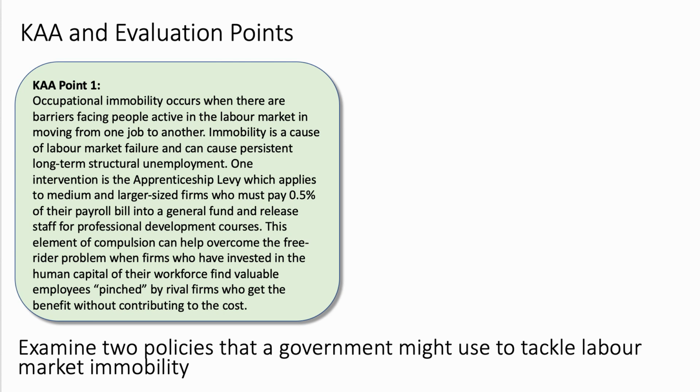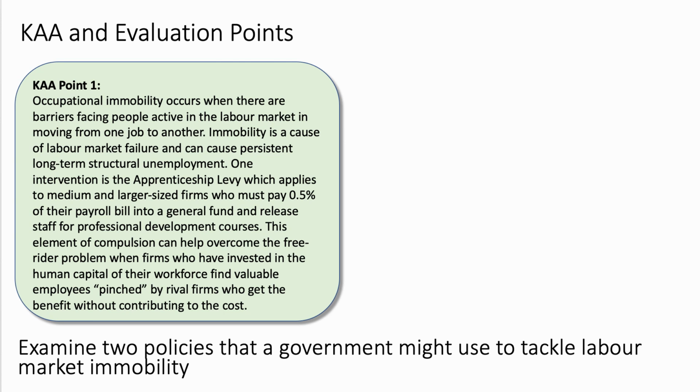One intervention is, in my case, the apprenticeship levy, which applies to, I think, all firms in the UK with a payroll of more than £3 million per year. And these firms have to pay 0.5% of their payroll into a general fund, and they must also release staff for professional development courses, perhaps one day a week.